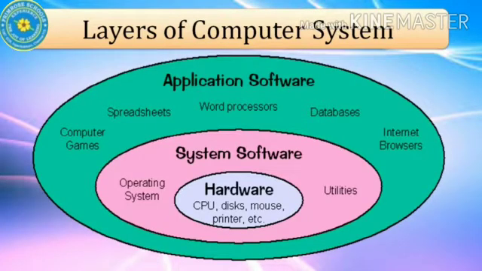Now let us take a look at the layers of a computer system. At the bottommost part we have the hardware, above which we have the system software, above that we have the application software.